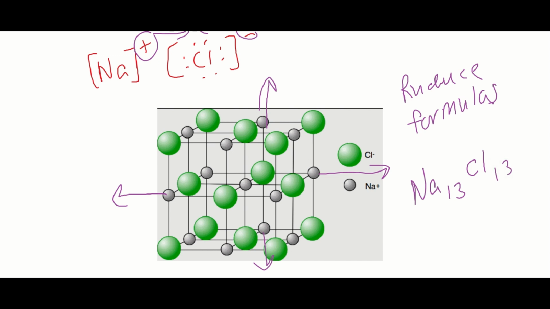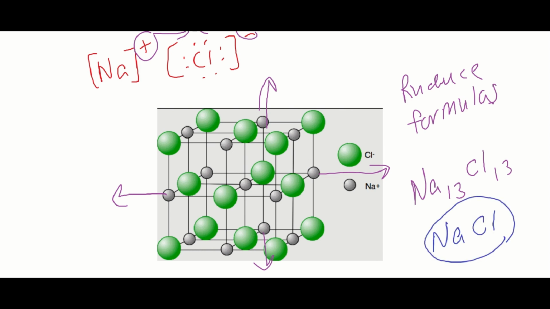You wouldn't say that's the formula for sodium chloride, because this is just a sampling of the real thing, which can have way more than this. And a larger salt crystal versus a smaller salt crystal doesn't mean they're different things. They're both salt. So that's why we reduce, and then you would get a formula unit.